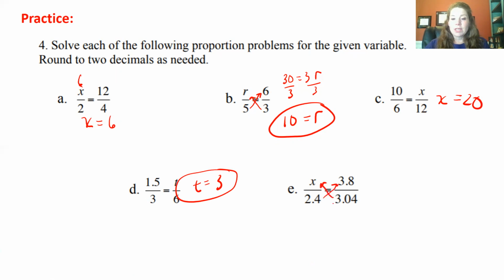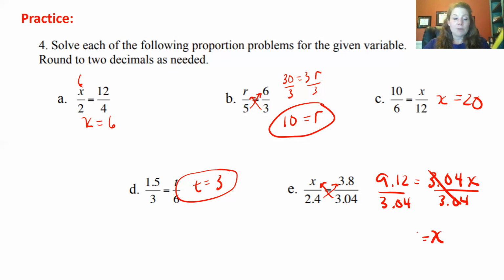So we're going to use cross products. 2.4 times 3.8 is 9.12. So 9.12 is equal to 3.04x. We divide by what's on the side with x. And x is equal to 9.12 divided by 3.04, and my answer is 3.